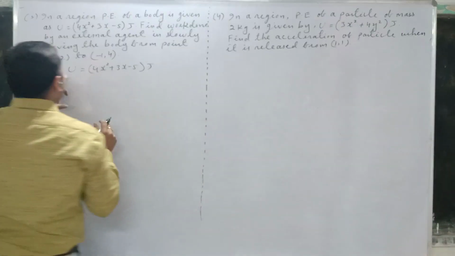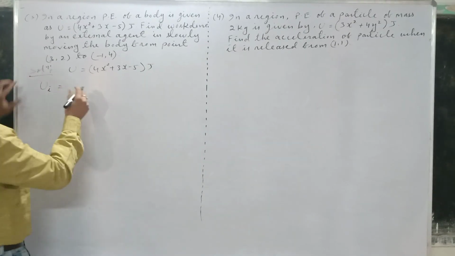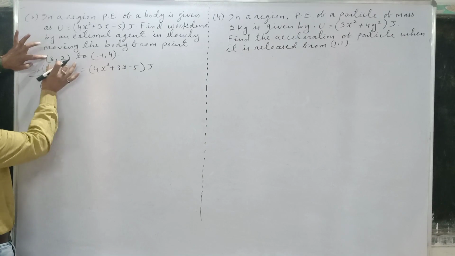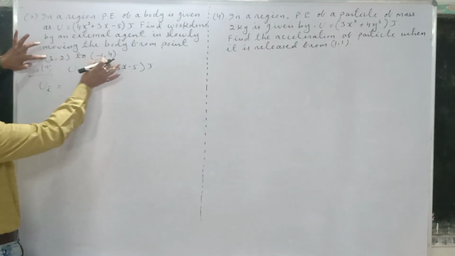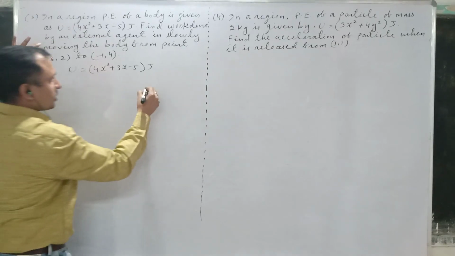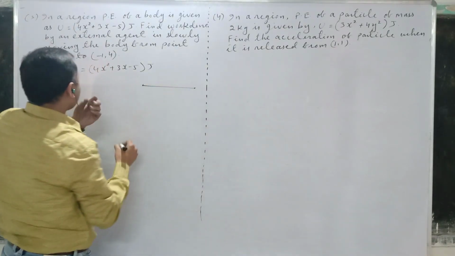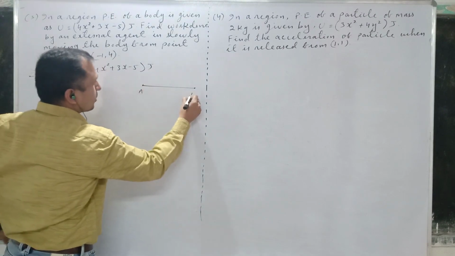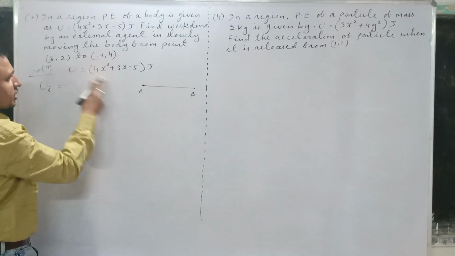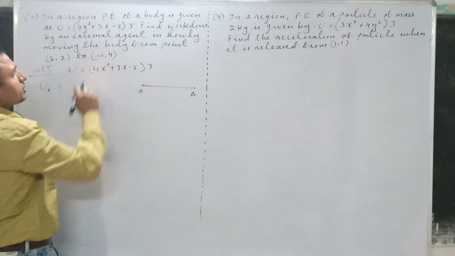So here directly I am writing the initial potential energy for the 3,2 point. The first point is 3,2, the second point is minus 1,4. We can say this is one point, this is another point. Suppose A point is here, B point is here, and A has the coordinates 3,2 and B has the coordinates minus 1,4.